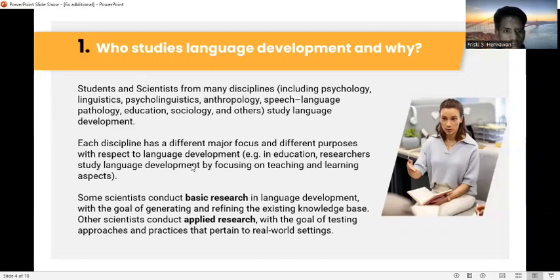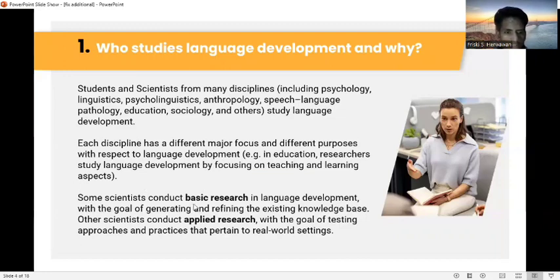For example, in the education discipline, researchers study language development by focusing on teaching and learning aspects, such as teaching and learning strategy. And in the linguistics discipline, scientists study language development by focusing on language aspects, such as language structure, syntax, phoneme, and other aspects of language.